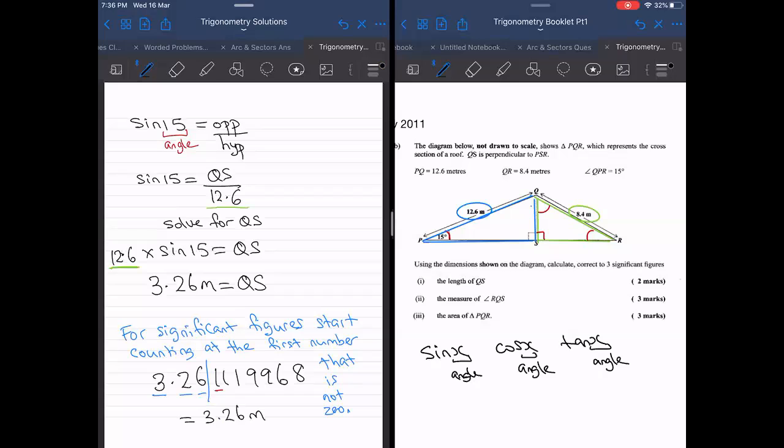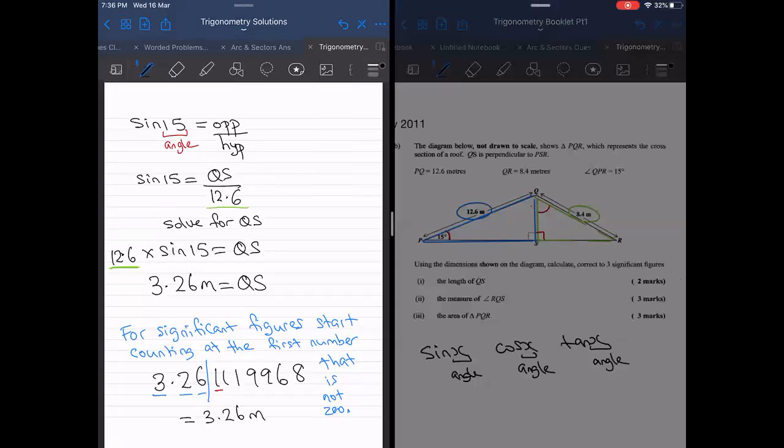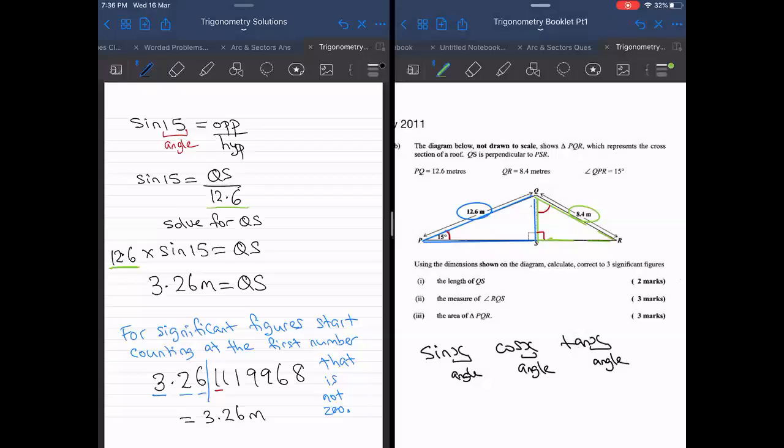And I'm going to contrast that with what if they had said 3 decimal places. For those persons who are finished, you can go ahead and try to find angle RQS, which means the angle at Q that is between R and S. On the green line, it would be this angle that I have up in the top.